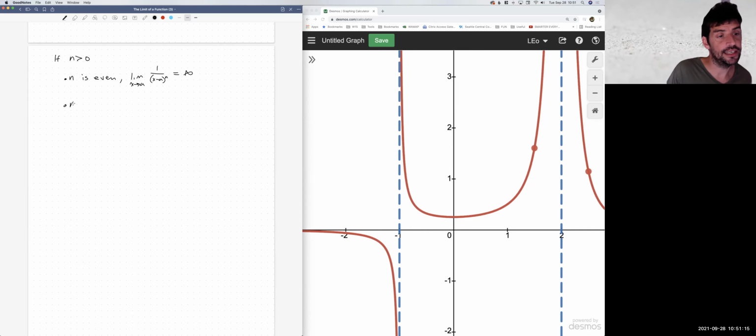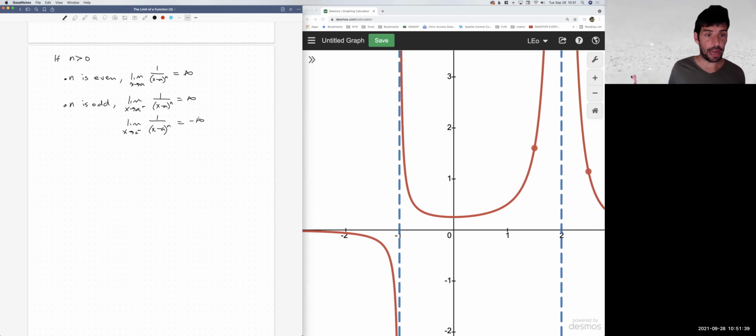If n is odd, then we'll have the limit as x goes to A from the positive side of 1 over (x minus A) to the n is infinity, and the limit as x goes to A from the negative side of 1 over (x minus A) to the n is negative infinity, right?